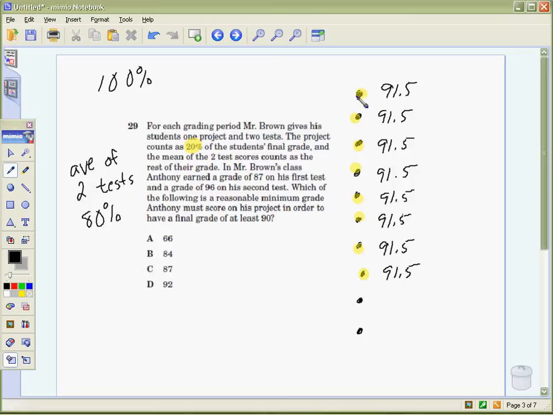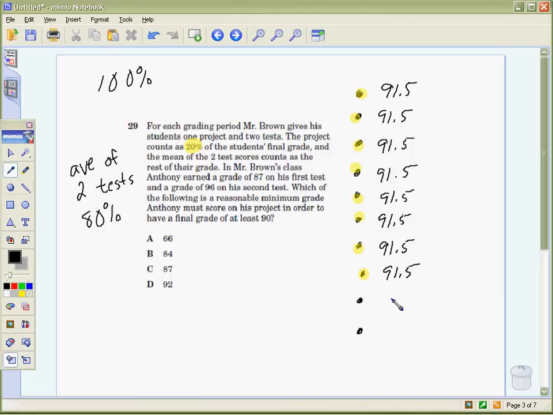So there's my 10, 20, 30, 40, 50, 60, 70, 80% of my test averages. And I need to know what this person, Anthony, needs to score on his project in order to have a final average of 90%.